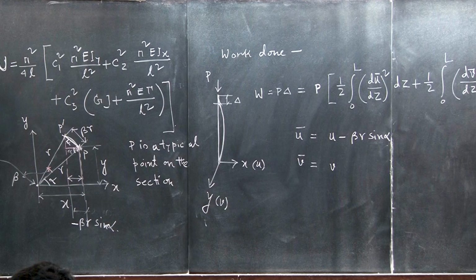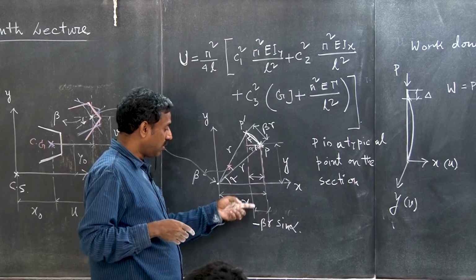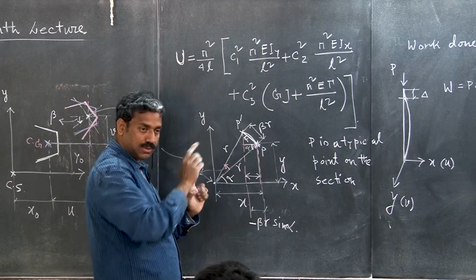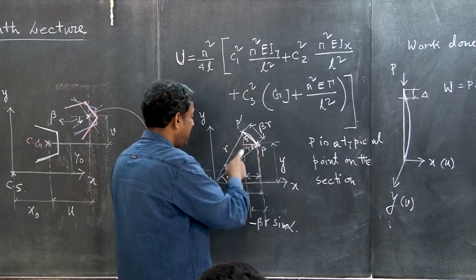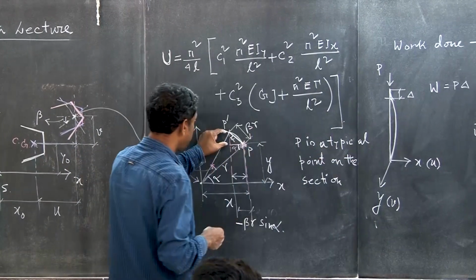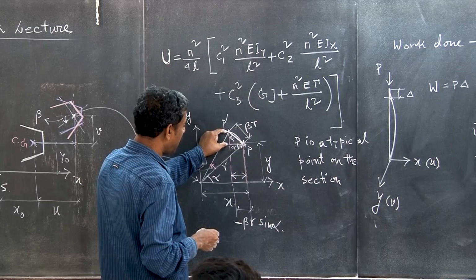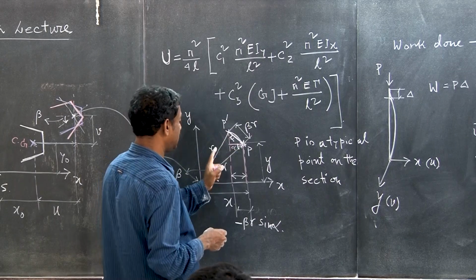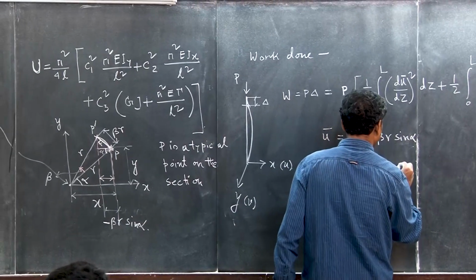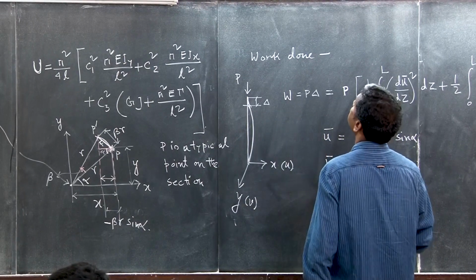So, whatever was the u, because of this rotation u will be reduced. But what about v? This is beta r cos alpha, in the positive y direction. So, this is v plus beta r cosine of alpha.